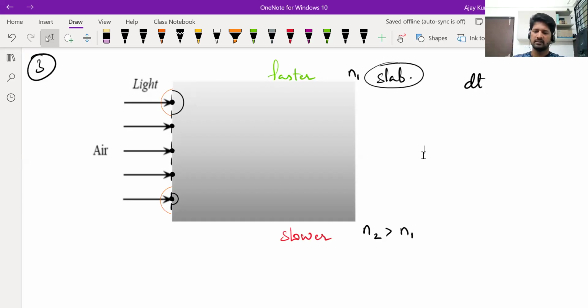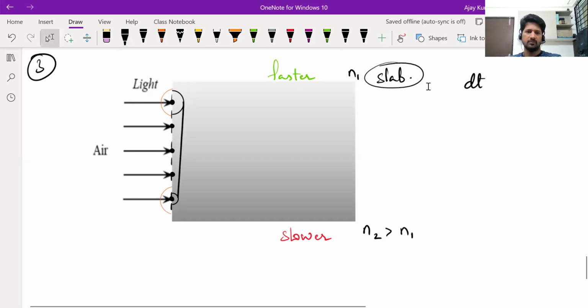In the lower layers, it travels slower. So in the upper layers, the wavelet expands to a greater distance. Lower layers, it expands to a lesser distance. Fine. Effectively, what will happen when light enters into the glass slab? You draw a common tangent to these wavelets. The common tangent will be like this. Okay, you can imagine infinite other wavelets in between.